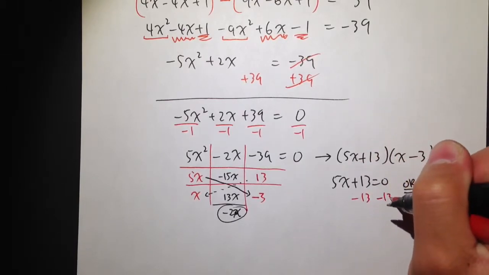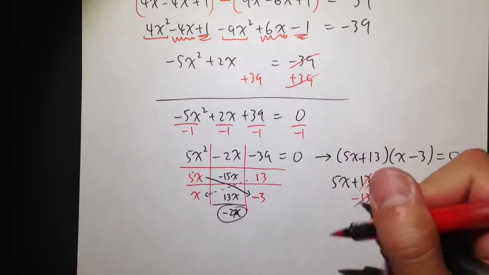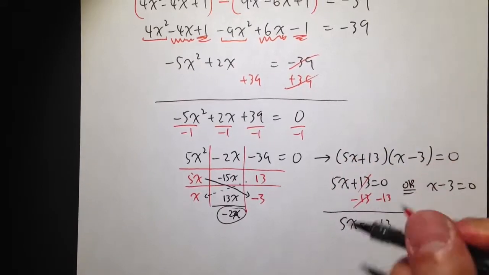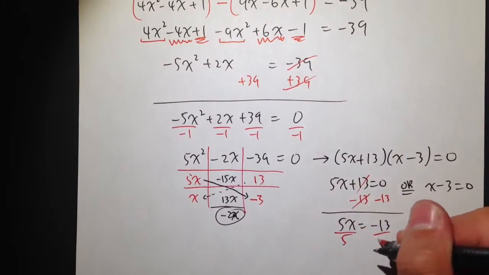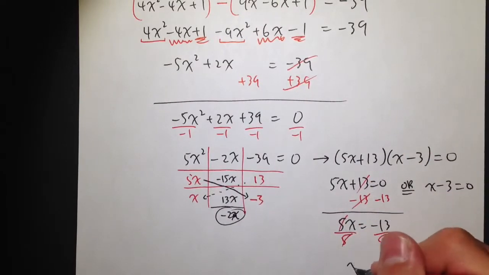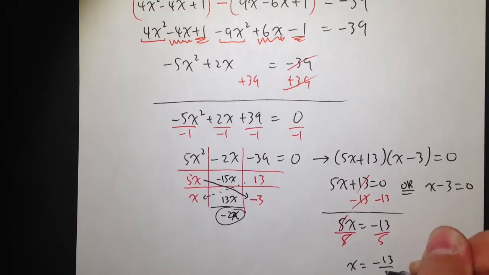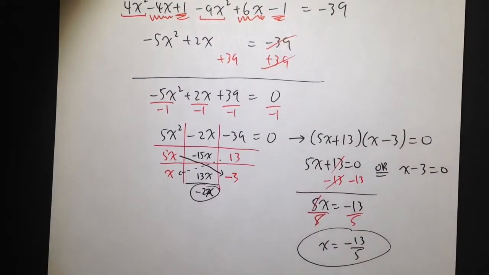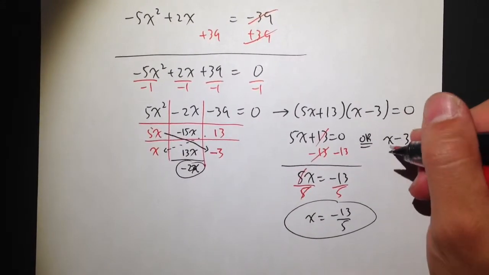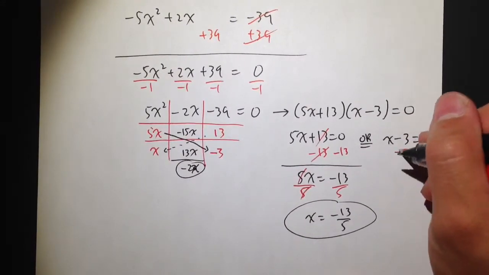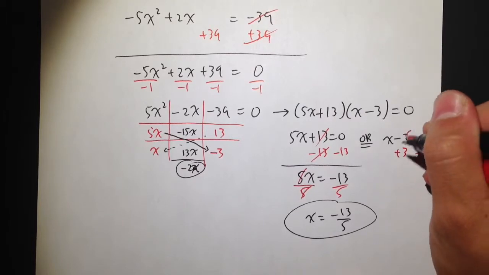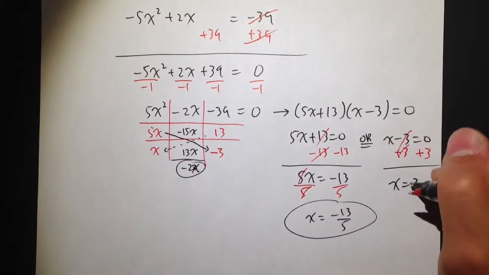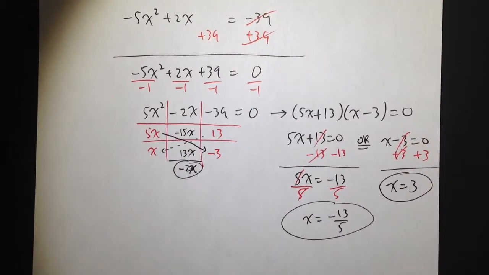Minus 13 here, minus 13 here, and we get 5x is equal to negative 13, and then divide both sides by 5, we get x is equal to negative 13 over 5. First answer. And x minus 3 is equal to 0. Let's add 3 on both sides. Cancel. And then x is equal to positive 3. Second answer. Done.